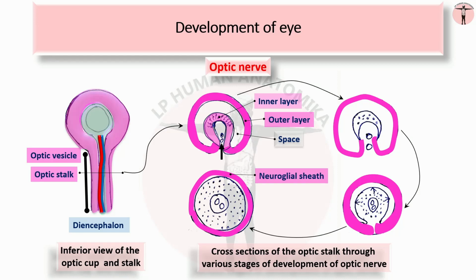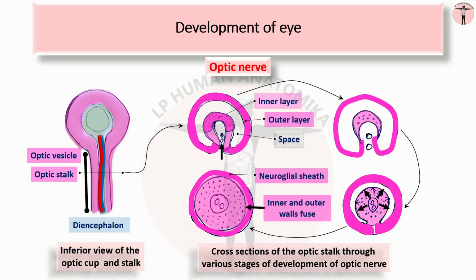The nerve fibers of the ganglion cells of the retina returning to the brain pass through the inner wall of the optic stalk. As a result of the continuously increasing number of nerve fibers, the inner wall of the optic stalk grows and the inner and outer walls of the optic stalk fuse.